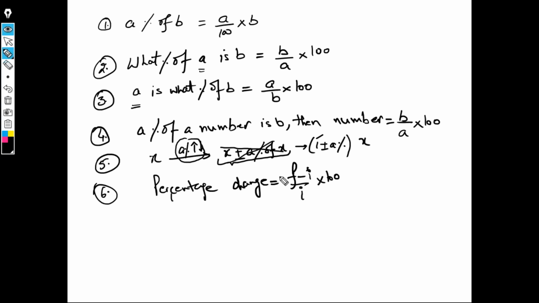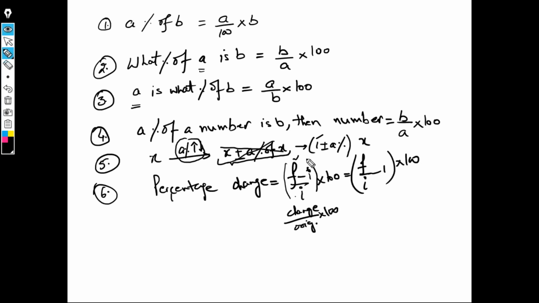So we also say that this percentage change is calculated as change upon original into 100. So change is basically the difference between final and initial value, and original is going to be our initial value. So the very same relation can also be rewritten as final upon initial minus 1 into 100.